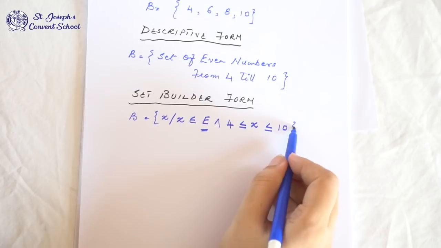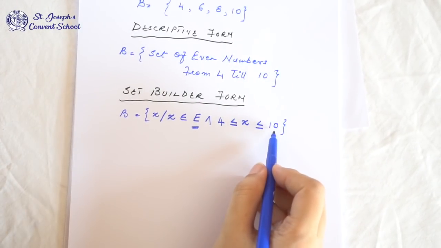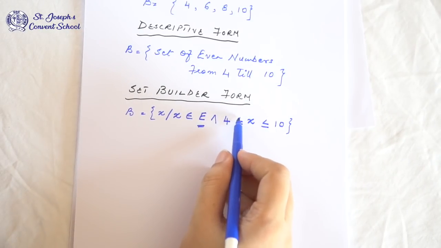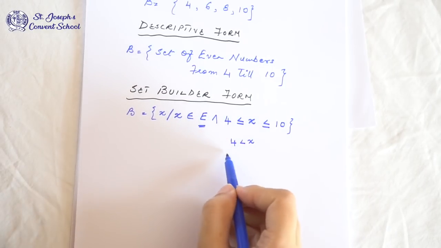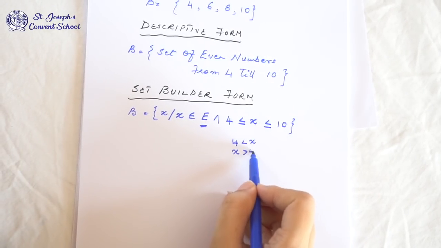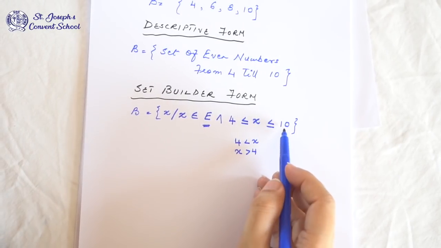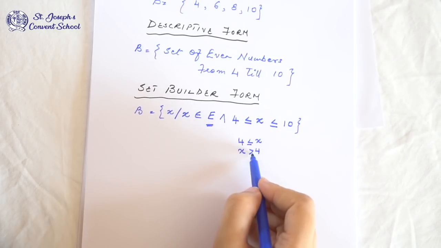Numbers are till 10. This is the range actually. Numbers are from 4 till 10. So these signs remain the same. This less than sign means 4 is less than x, or you can say x is greater than 4. So numbers greater than 4 are 6, 8, 10. Numbers are till 10. This equals to sign means that 4 is included.